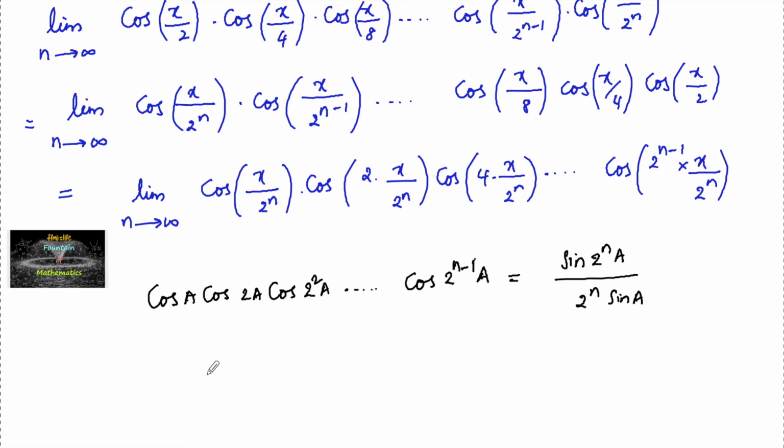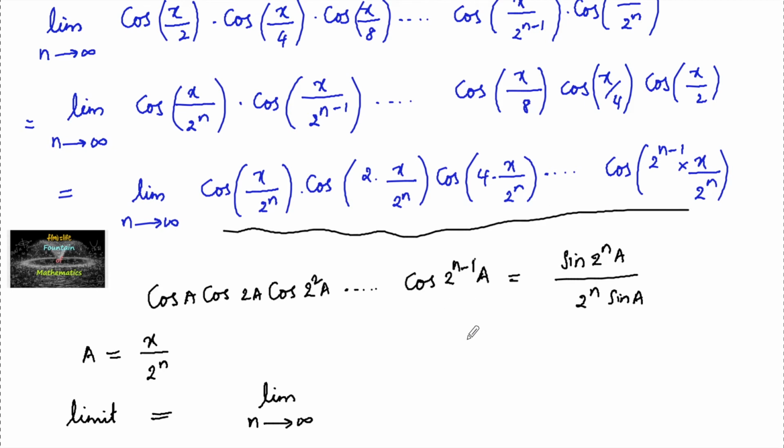By using this formula, when comparing here, a is nothing but x upon 2 to the power of n, so that we can write the limit. The limit problem we can write as limit n tends to infinity sin 2 to the power of n into x upon 2 power n divided by 2 power n into sin of x upon 2 power n.